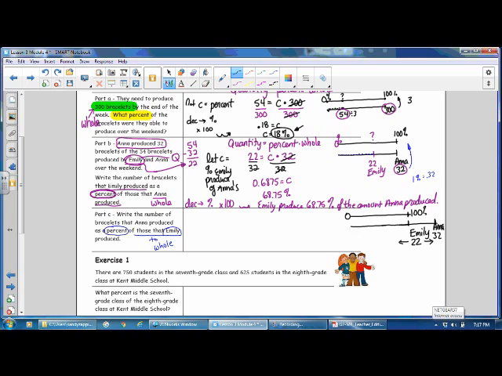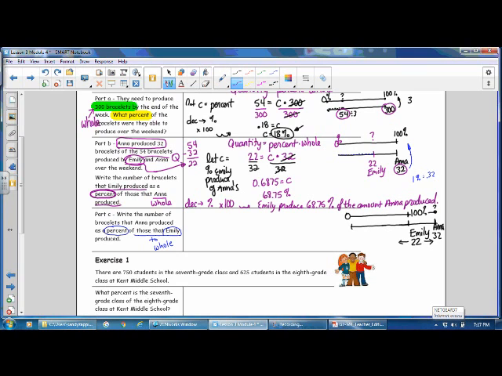100% represents the total. And in this case, Emily is the total or the whole because we're comparing it to her. So what we would do to solve this problem, can you think of how you would solve that problem? Well, let's go back to the equation.